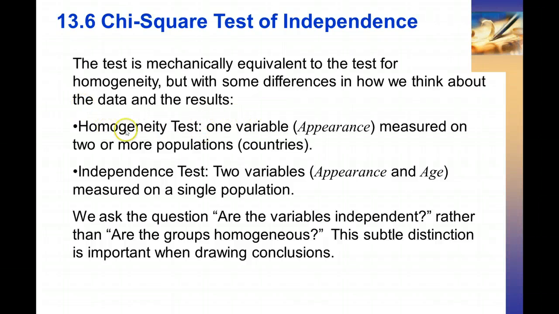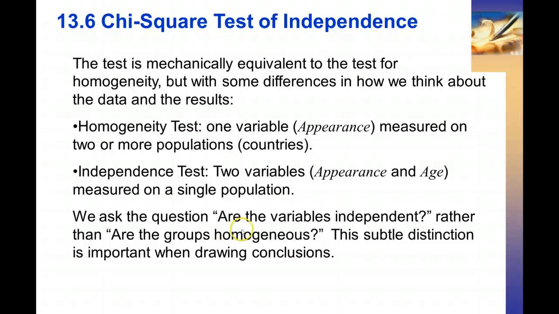In the homogeneity test, there's one variable, which is appearance, and it is measured on two or more populations. In the independence test, there are two variables, age and appearance, and we're measuring it on a single population. So the difference can be subtle, but try and think through it and you will come up with the correct answer.